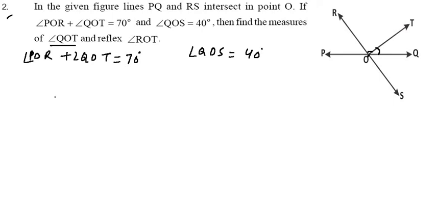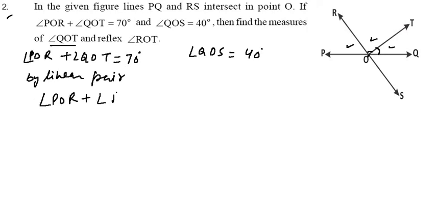First of all, by linear pair, where this one is first, second, and third, the angle sum is 180 degrees. So you have to write here angle POR plus angle ROT plus angle QOT, and it will be equal to 180 degrees.